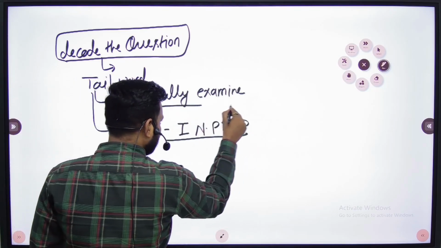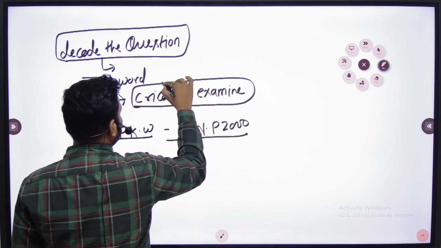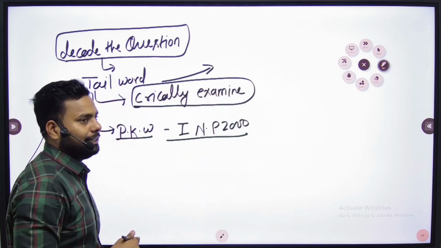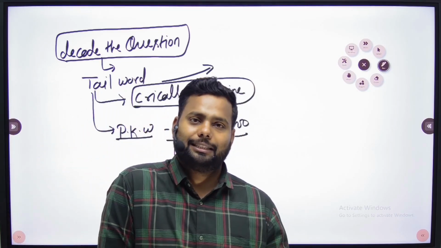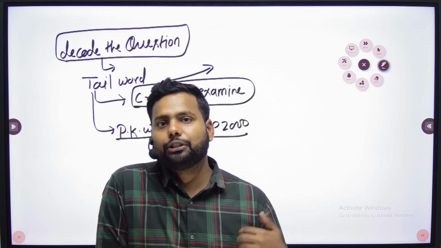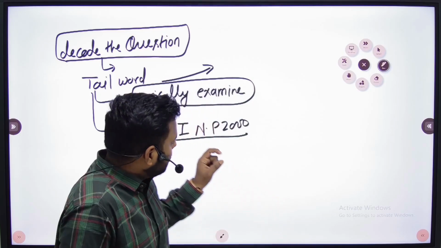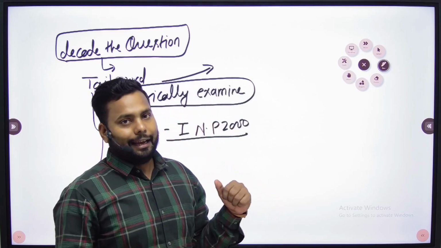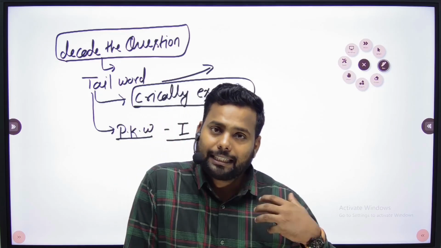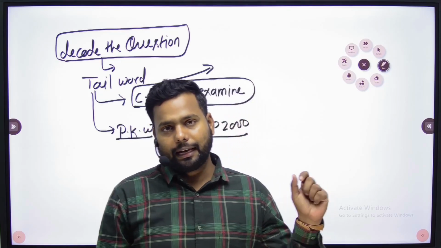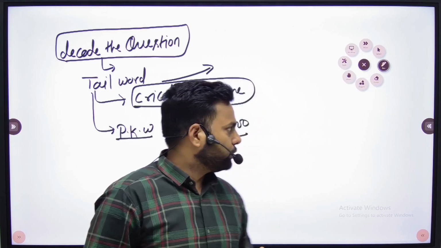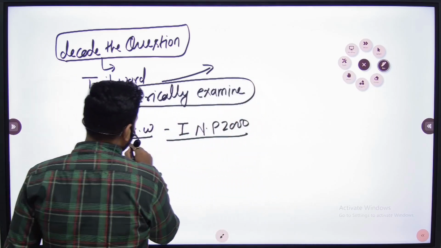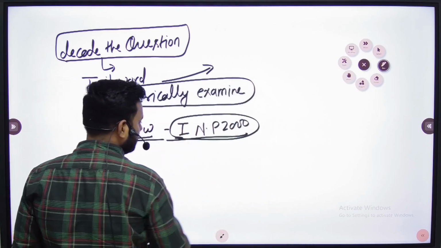The tail word is most important. What does critically examine mean? It doesn't mean that you are only criticizing India's population policy. It means logically and scientifically you have to write down the policy's pros and cons as well. So the primary keyword is Indian population policy.